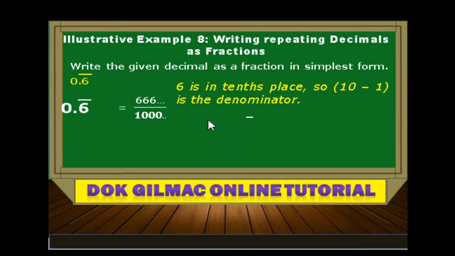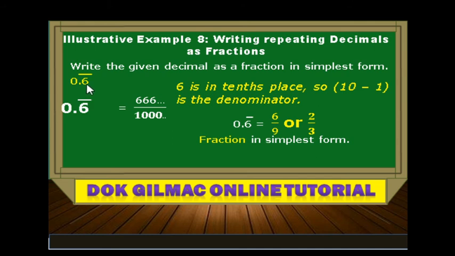So we can write 0.666 and so on, since it is a repeating decimal. Or simply 0.6 repeating is 6 over 9 or 2/3 fraction in simplest form. So this is just the shortcut way in converting a repeating decimal to a fraction.